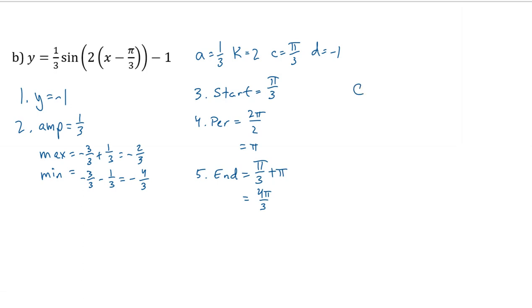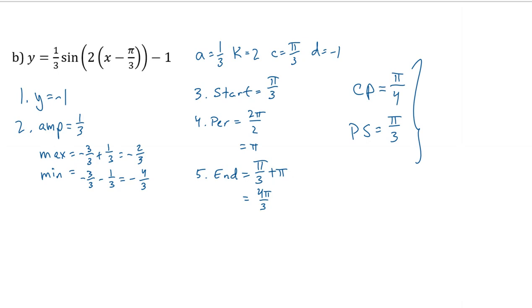Okay, critical point. How do I find that? To do the x scale? Period divided by 4. Period is pi, so it's pi by 4. Phase shift is pi by 3. What's the common denominator?